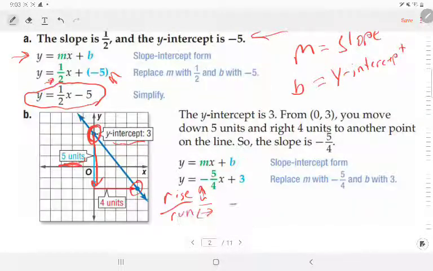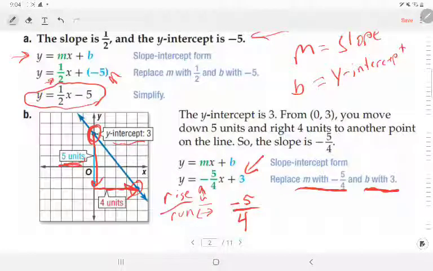So that's going to give me a -5 over, and then I would count to the right 4 units. That's a +4. So my slope is going to be -5/4, and my y-intercept is going to be 3. So then I just plug in what I know. Y equals -5/4 x plus 3. And that's the equation for the line.